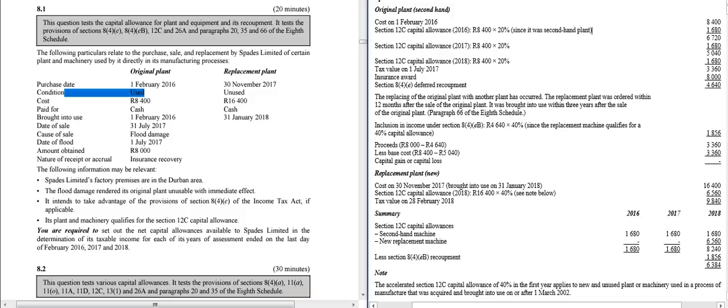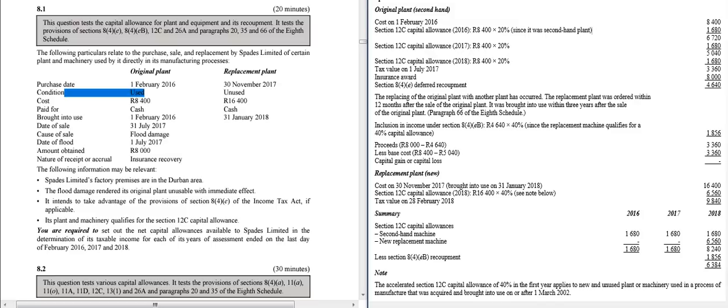On any manufacturing asset, we do not apportion it for the portion of the year. We use the 20% for any portion of the year, even if we owned this asset for only a month. Okay, so that's in the 2016 year of assessment. Then we had the 2017 year of assessment ending 28th of February 2017.